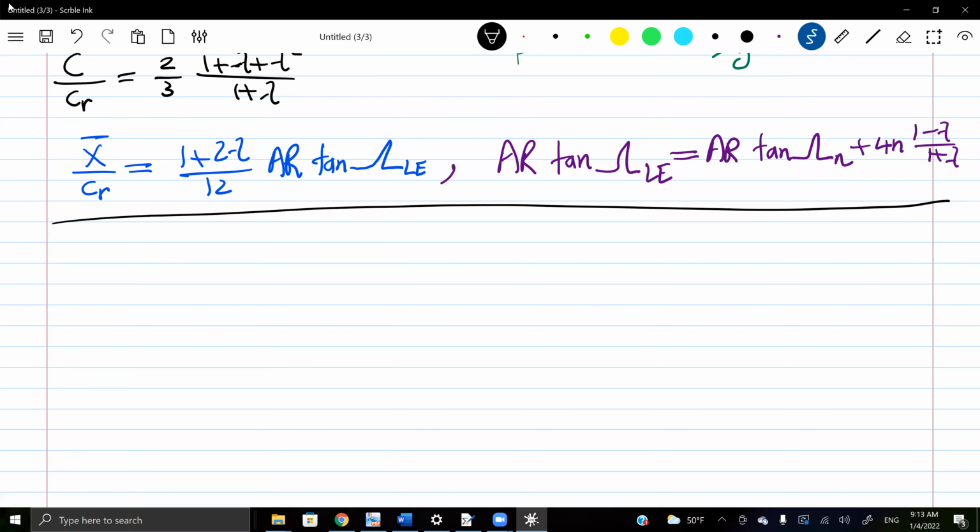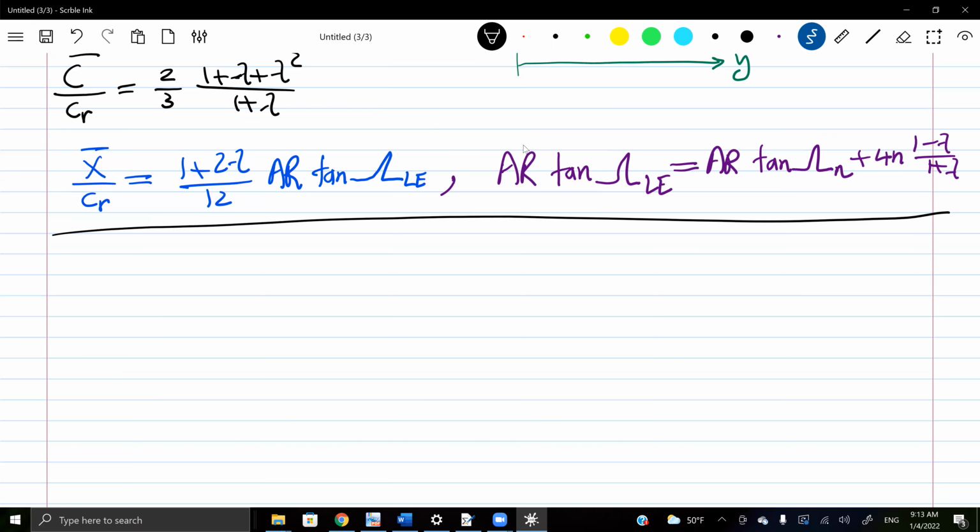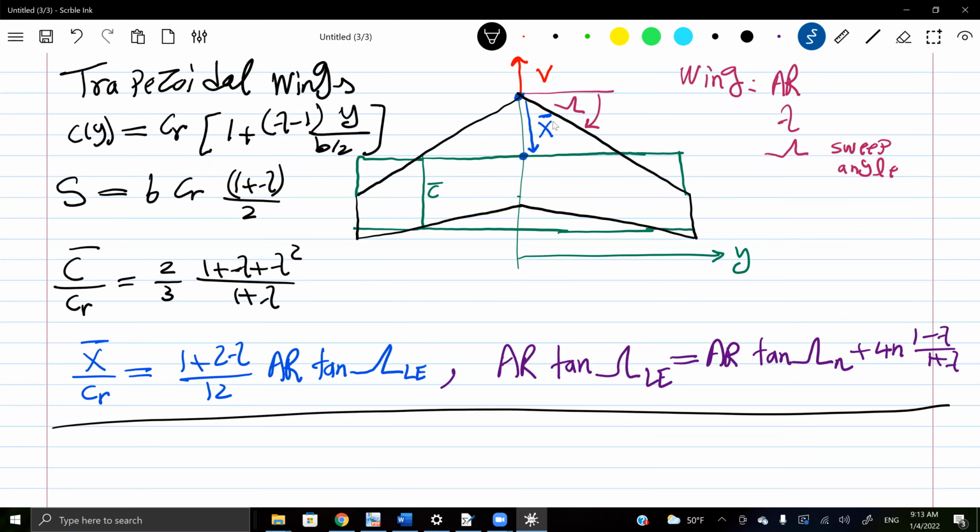Sorry, Professor, real quick. X bar is the location of the aerodynamic center along the root chord, correct? That's a very good question. You're talking about X bar, right? Yes, X bar is the location of the beginning of my rectangular wing, of my mean aerodynamic chord. So now, where is the aerodynamic center? I'm going to discuss it in a minute. The aerodynamic center is typically at quarter chord. Well, but I have many chords. Which chord? It's the mean aerodynamic chord. So really, it's at the quarter here.